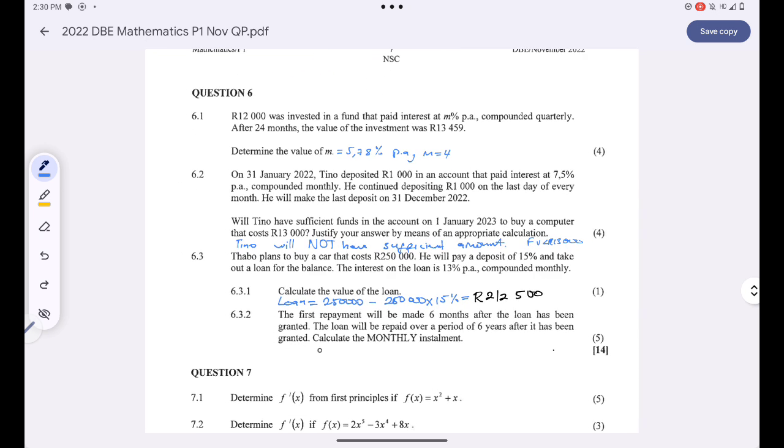So the monthly installment is 4,724 rands 96 cents. Thabo will pay this amount for the remaining 67 months. That's how we would have tackled question 6, and I really hope the videos are helping you out. Thank you very much.